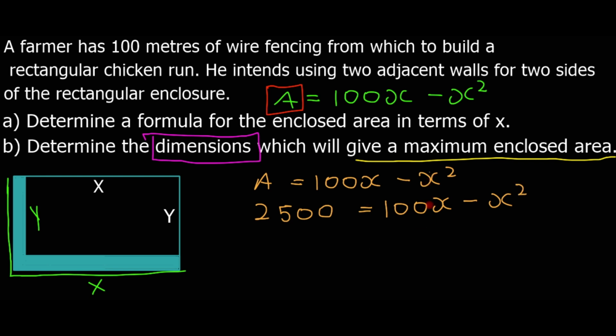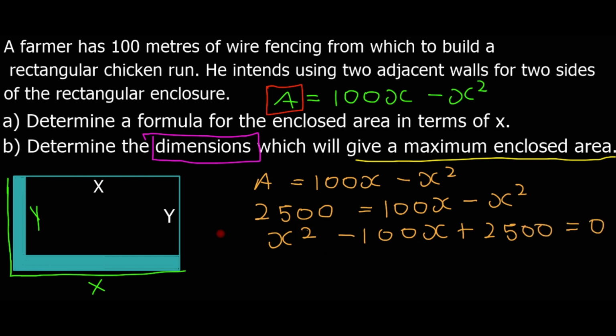Because now I want to solve for x, this problem must be put in the form of a quadratic. So I take this negative x squared to this side to get x squared, and this 100x I take to the other side to become minus 100x, and then plus 2500 equals 0.